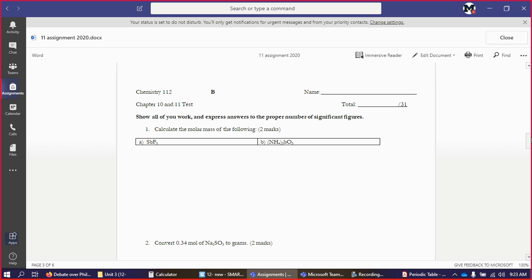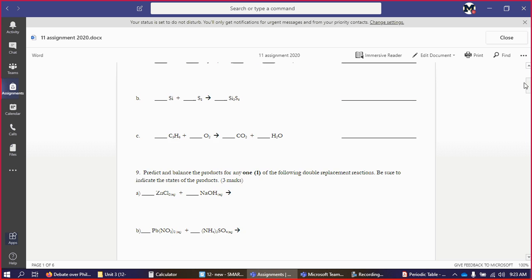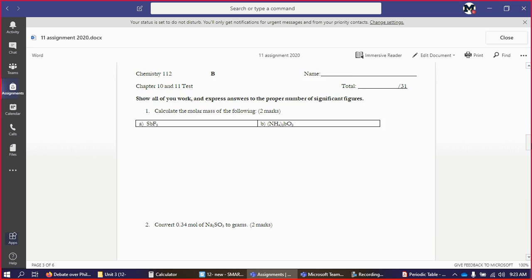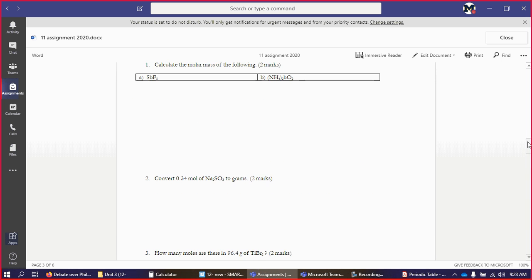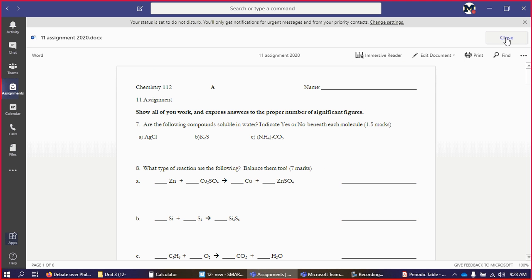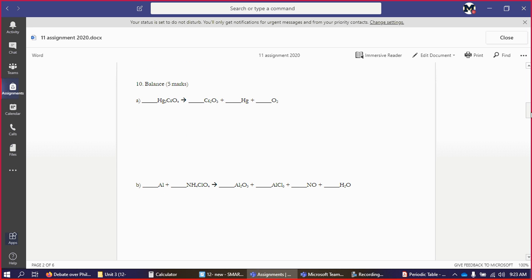Oh, you moron! I'm going to edit that, and you only have to do 7, 8, 9, and 10. I didn't realize the old one, because you've already done some of those ones. I'm sorry. It should be on the second page. Just those 2 equations to balance.